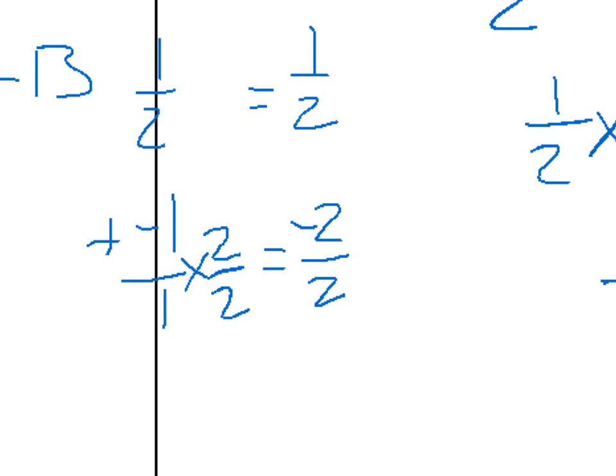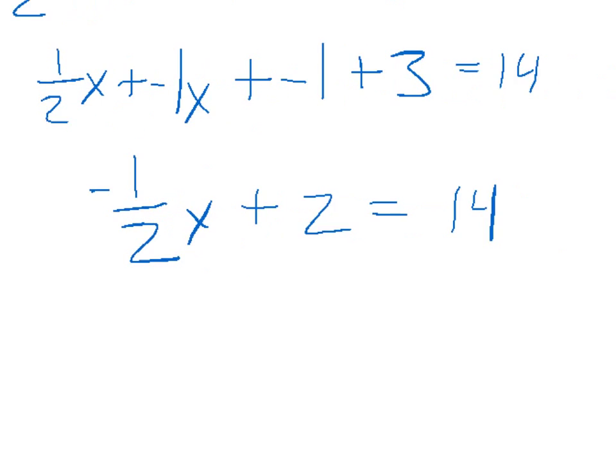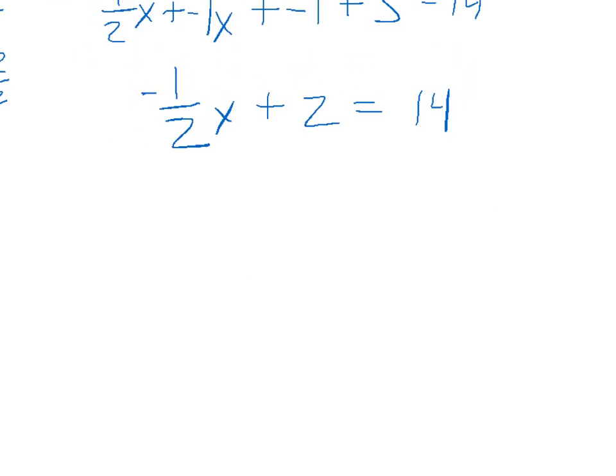And I gave it the same denominator by multiplying by 2 over 2. So I had now 1/2 and -2 over 2, which is opposite sign subtract. So I subtracted 2 minus 1. That's where I got the 1/2 from. I took the sign of the larger number, which we could see was the -2. So I got -1/2 x. Okay? All right. So now we've got this equation to solve.